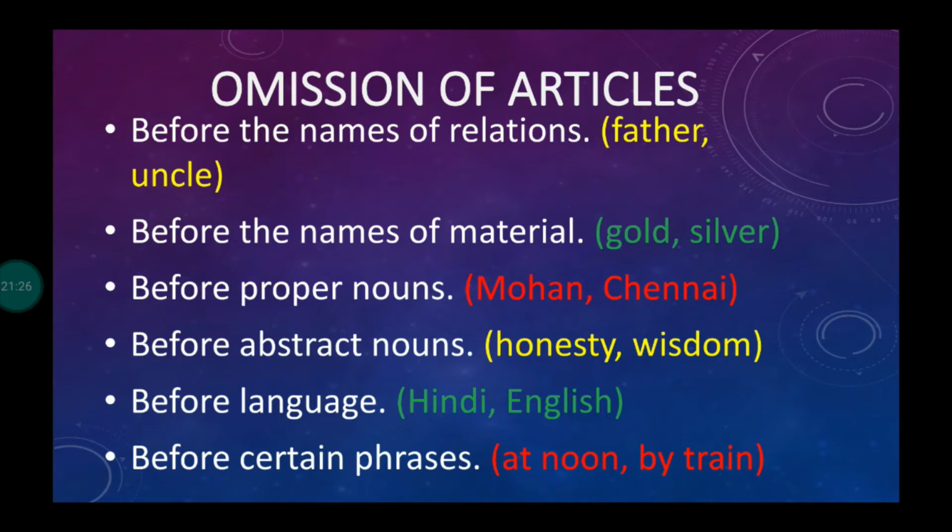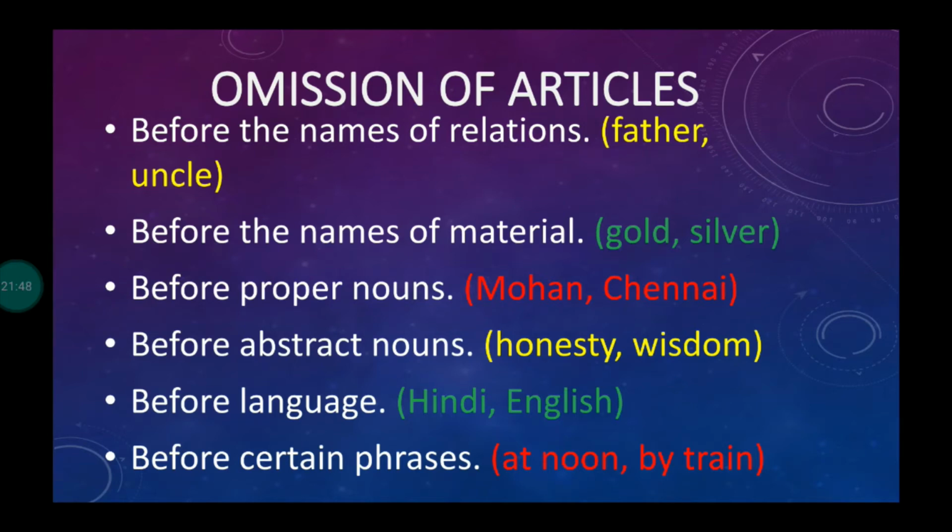We do not use the before any of these abstract nouns. Then before languages of the world, we don't say the Hindi, the Marathi, the Gujarati or the Sanskrit. We just say Hindi, English, whatever you have to say, you will say it without using the.